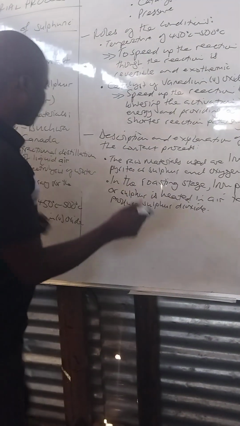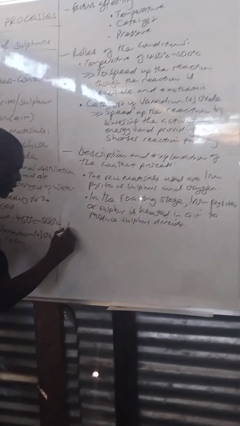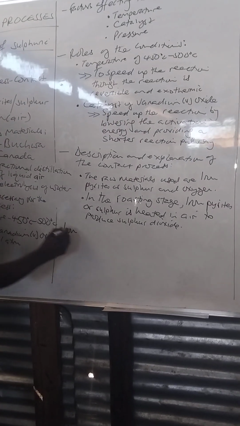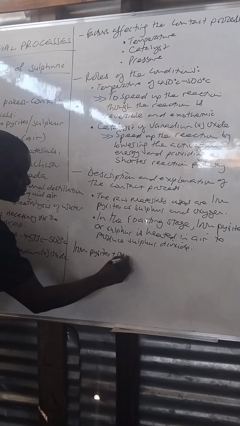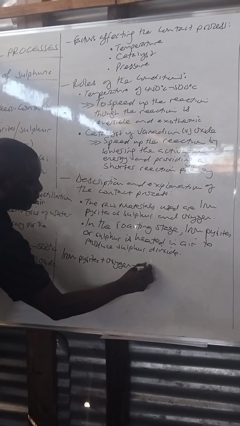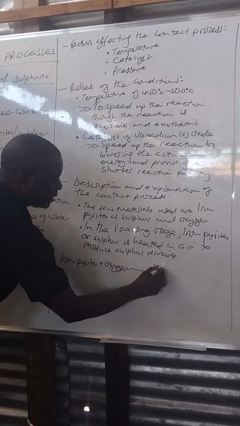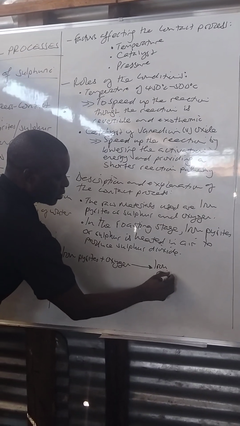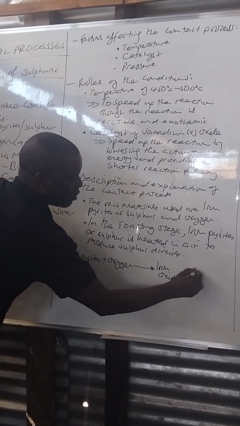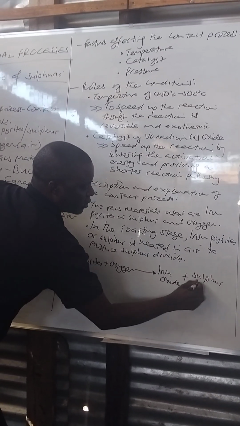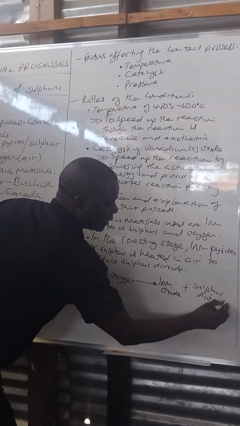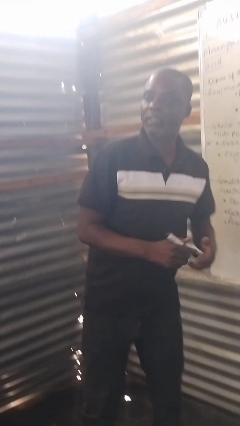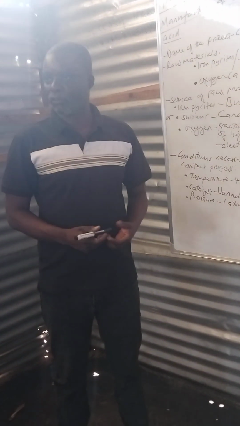What about the equation? Iron pyrites plus oxygen gives iron oxide plus sulfur dioxide. You can give either the word equation or the chemical equation; I will put both for the sake of revision.